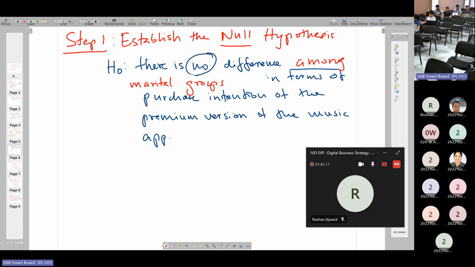So this is your step number 1. Establish the null: in terms of marital groups, there's no difference on the purchase intention.